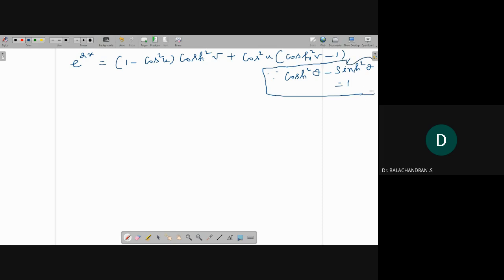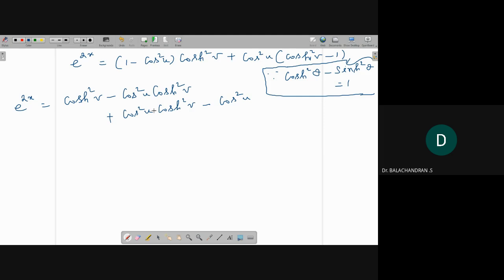Now on the left hand side you have e power 2x. Now multiply, you get cos h square v minus cos square u into cos h square v plus cos square u into cos h square v minus cos square u.